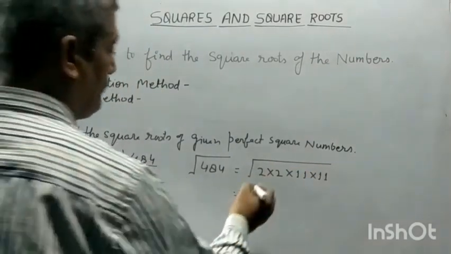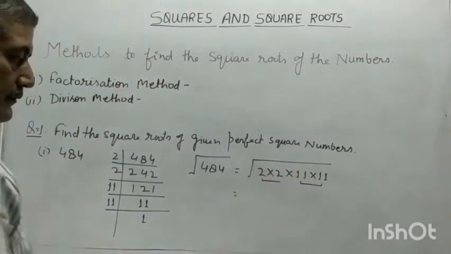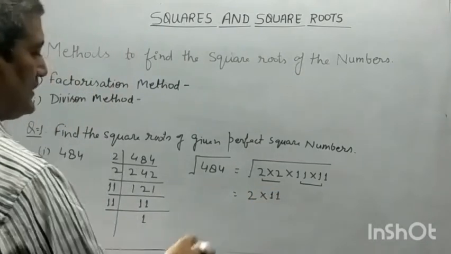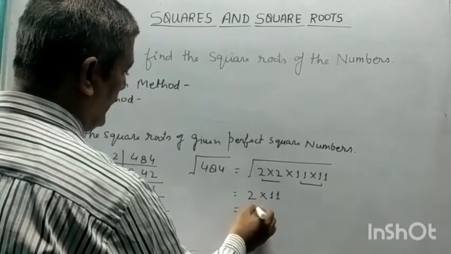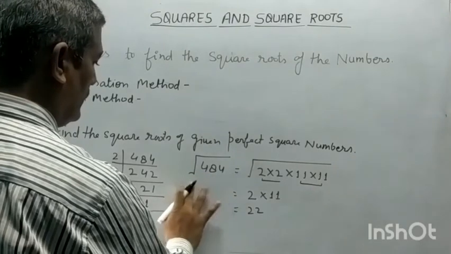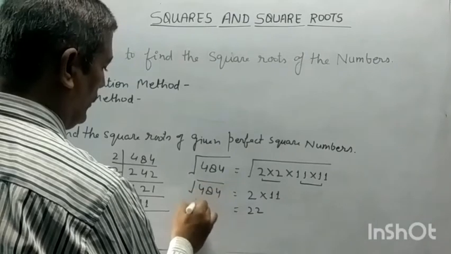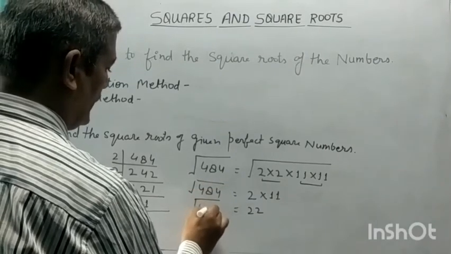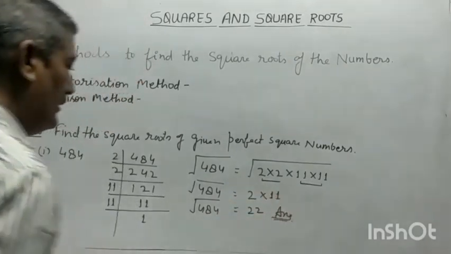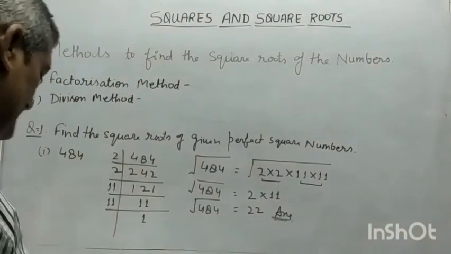Now make pairs of the numbers 2 and 11. Pick out the single number from each pair. 11 2s are 22. Square root of 484 is 22. This is the square root of the given number 484. Similarly, I explain some other examples.